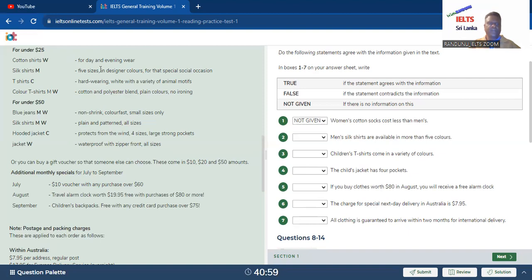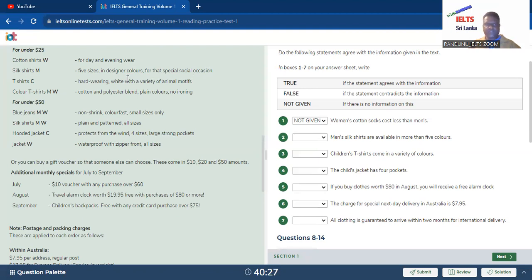So 5 sizes comma means there are 5 sizes. In designer's colors, that means number of colors are not given because this 5 is only for sizes. 5 is only for sizes, comma. In designer's colors. So the one who designs, he will decide the colors for the special occasions.